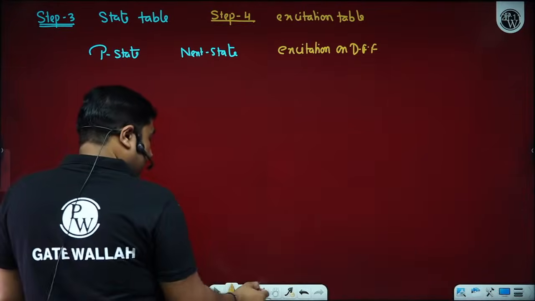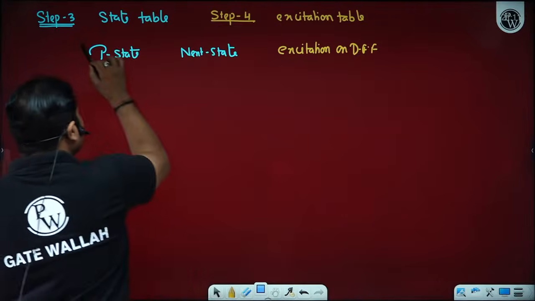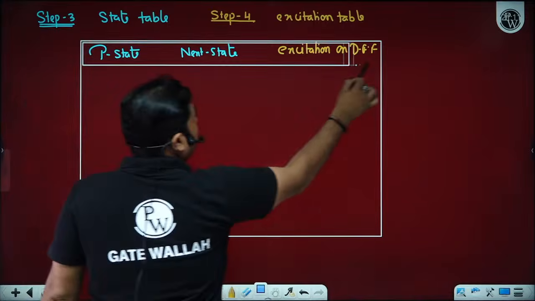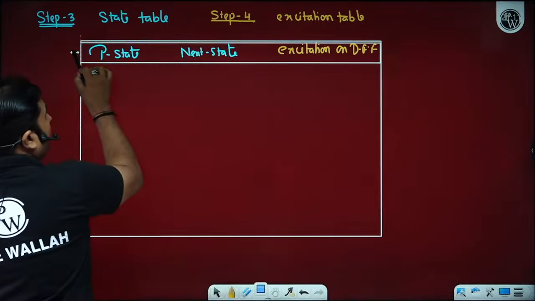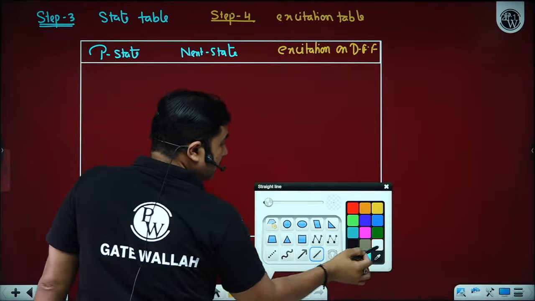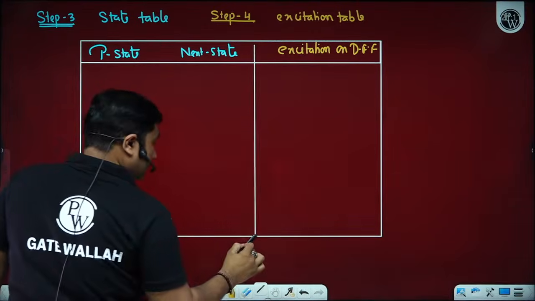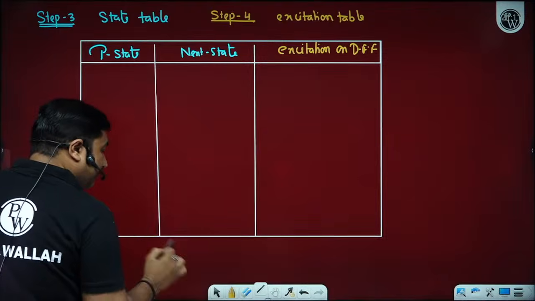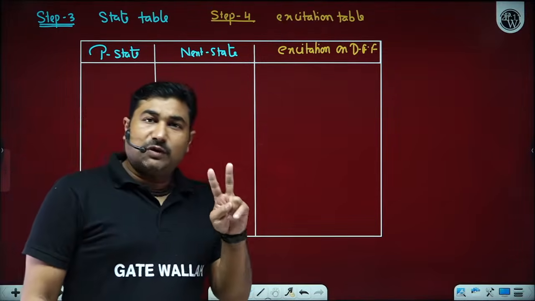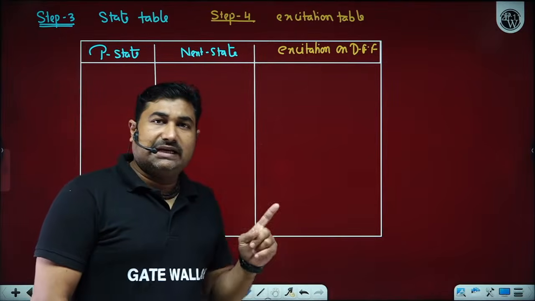Now please observe. We have present state, next state, and excitation needed on the D flip-flop. Present state, we have 2 bits. If we choose 2 flip-flops, then we have 2 bits, and each flip-flop can store only 1 bit.